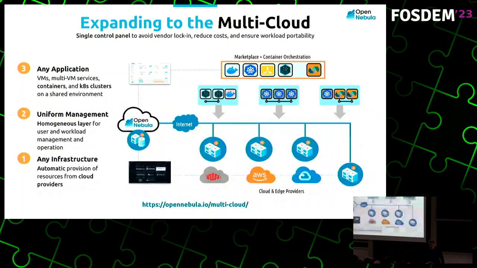So our vision about multi-cloud is that we would like to provide an easy way for automatic provisioning of resources across multiple cloud providers. At the moment, what we have built is a tool called OneProvision. As you can see at the bottom, we have a graphical user interface, but it's also a command line interface.